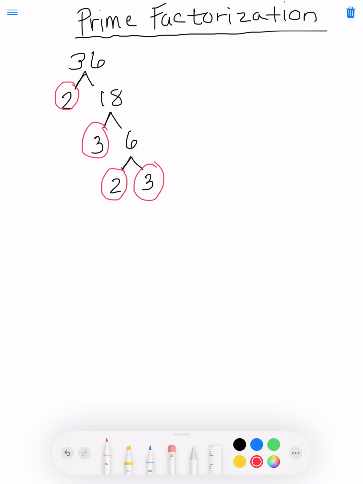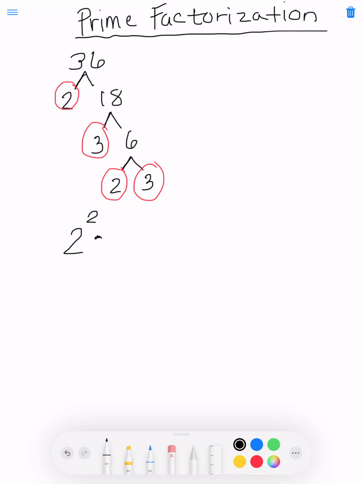So now what you do from here is you put them in order as a multiplication problem using exponents. The way that you would answer this as the prime factorization of 36 is you would say 2, and then how many 2's did we circle? 2 of them. So 2 to the second power, and then you're going to put a dot for multiplication.